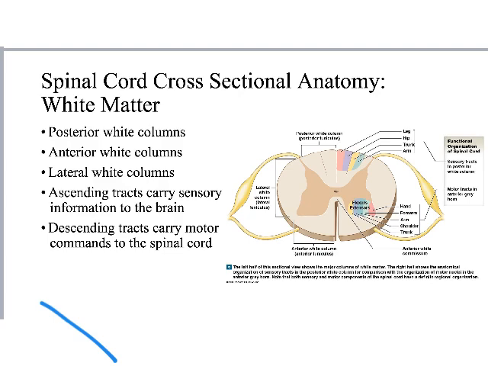And just like with the gray matter, where there was an organization for sensory versus motor, we're going to find organization in the white matter as well, with ascending tracts carrying sensory information up to the brain, and descending tracts carrying motor commands down from the brain to the spinal cord, and then out from the spinal cord to the periphery.